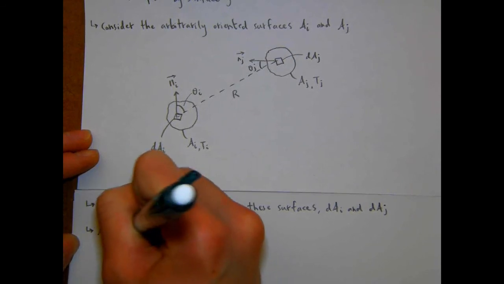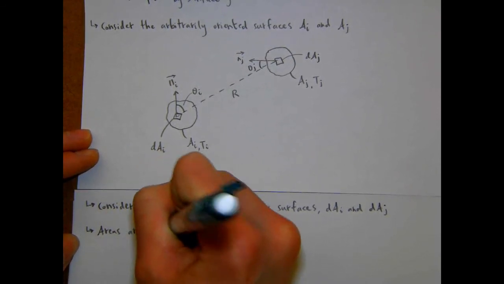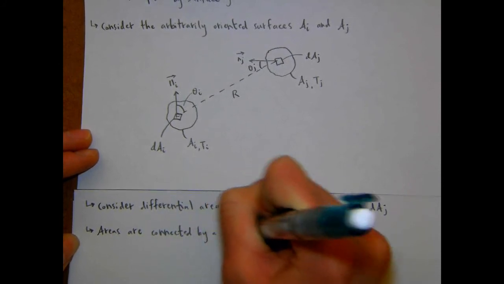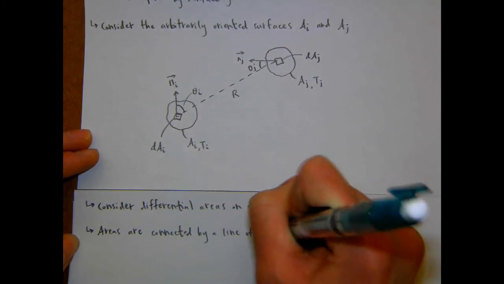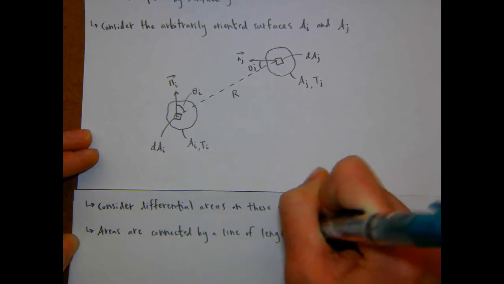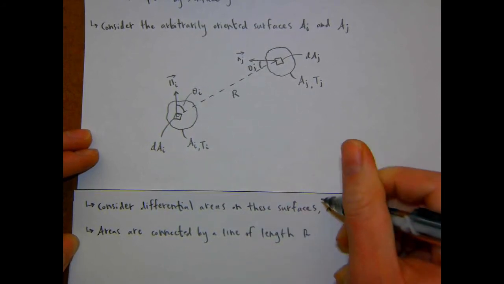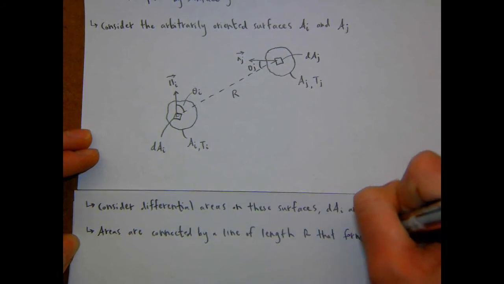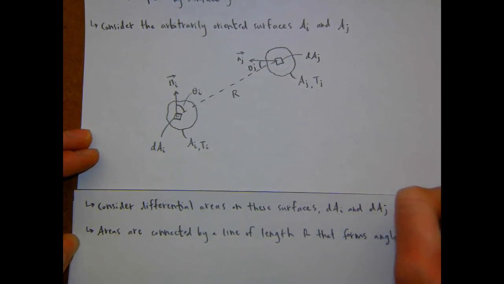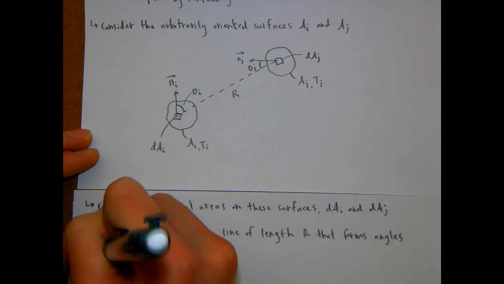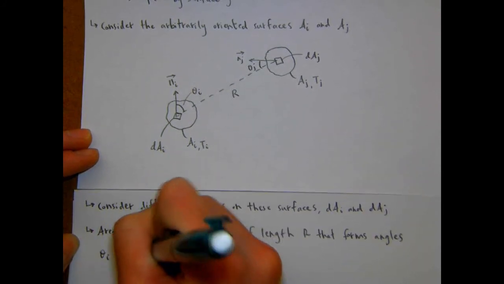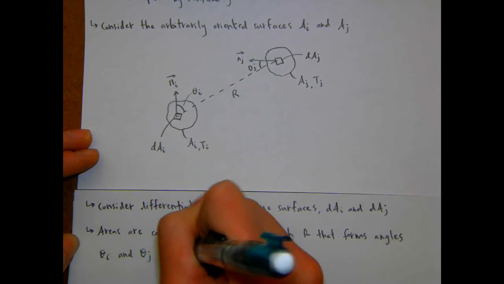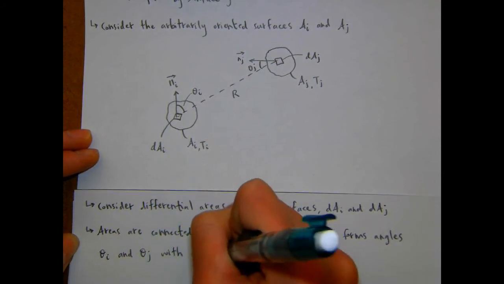We said these areas are connected by a line of length r that forms these angles, theta i and theta j, with the surface normals.